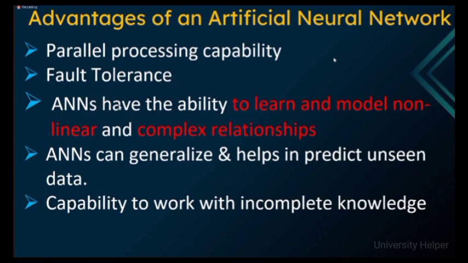Another important thing: ANNs have the ability to learn and model non-linear and complex relationships. It's difficult to identify a linear relationship, so you cannot go for a direct prediction from the available data. In real life, many of the relationships between inputs and outputs are non-linear. For example, it's not feasible to identify the same pattern between you and your friend.